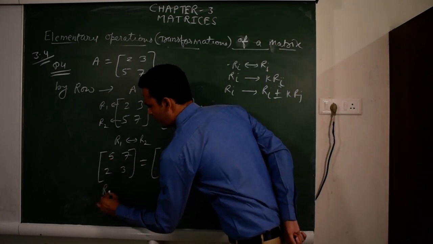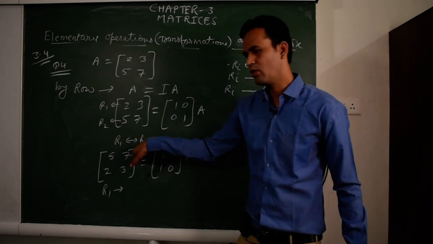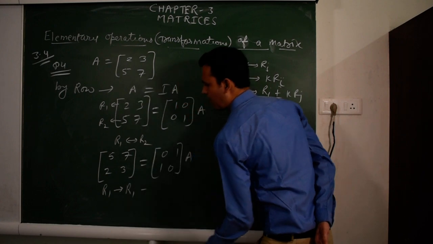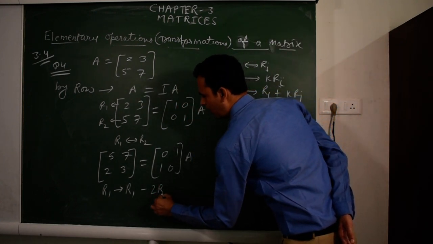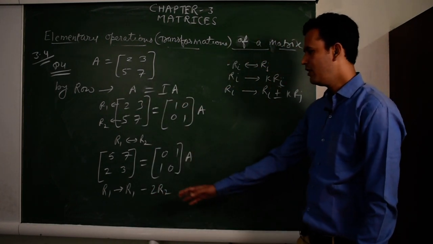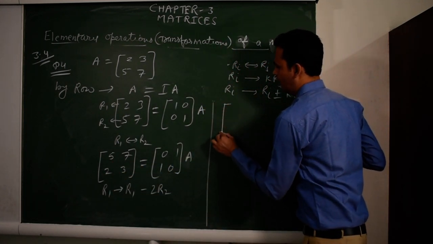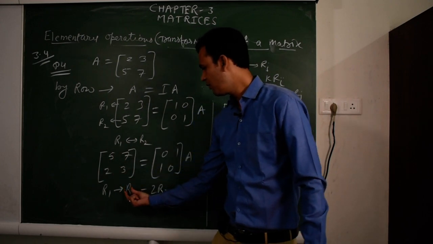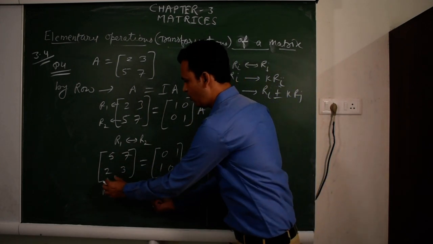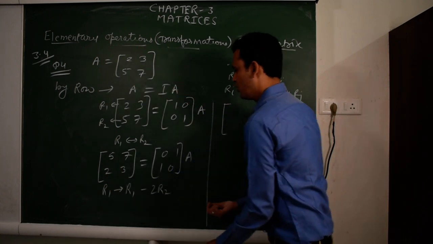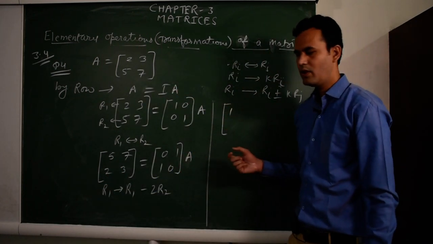Now next change. First we solve this term. So R1 changes in this first row. What change? R1 minus 2R2. So in R1, 5 minus 2 into 2. 5 minus 4, it becomes 1.